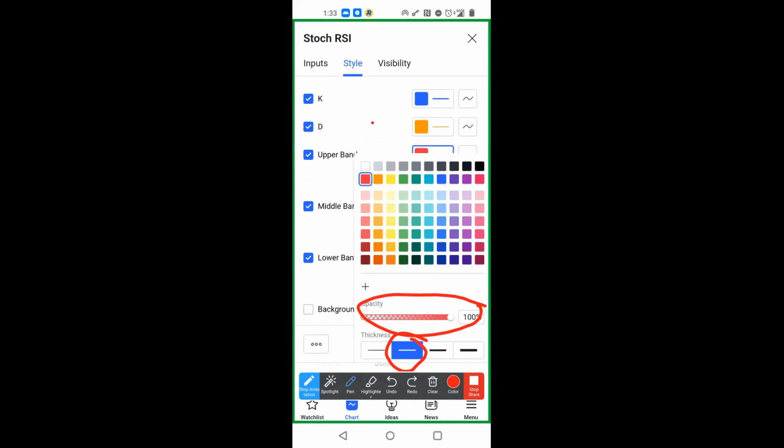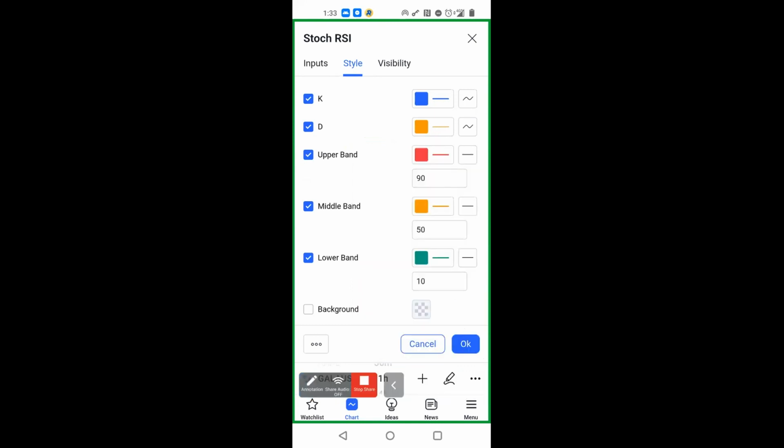Then touch anywhere to get out. Yours will come with a dash line. Turn it to a line. Here it will come with 80, remove the 80 and put 90. We don't want to risk our funds when the market has moved 90%.